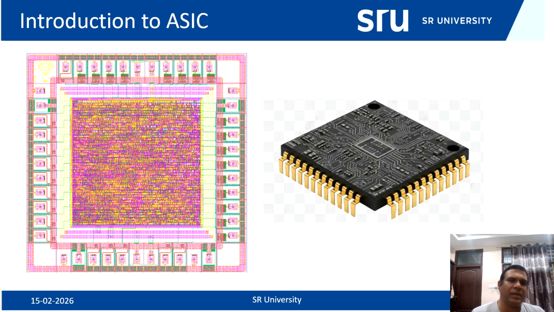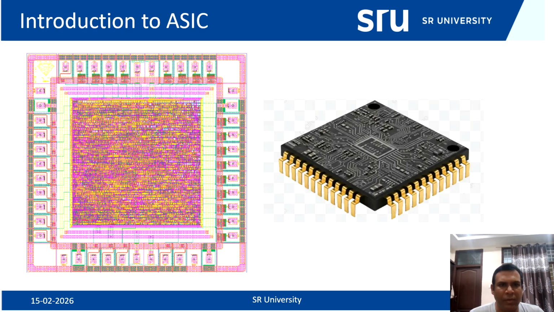And it is a semiconductor chip designed and manufactured to perform a specific function for our application, unlike general purpose processors such as microcontrollers or CPUs, which are designed to handle a wide range of tasks. ASIC is optimized for a single dedicated operation.